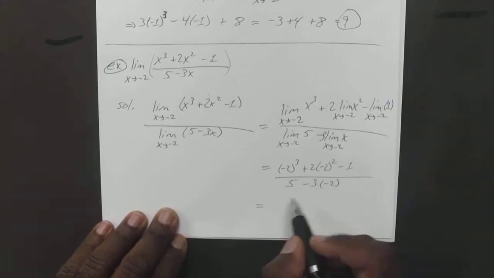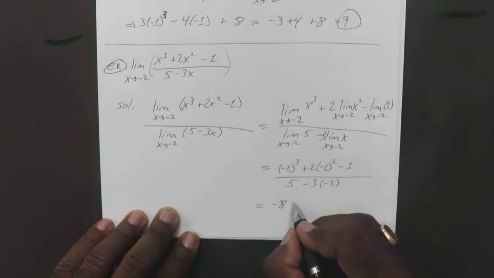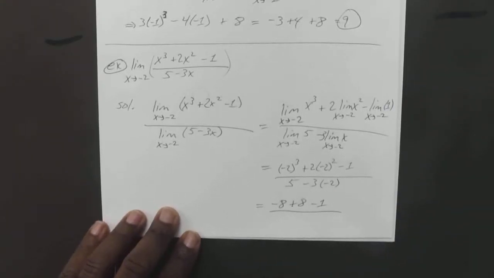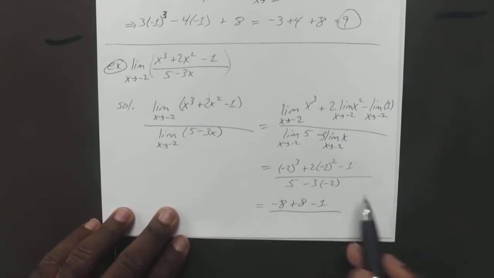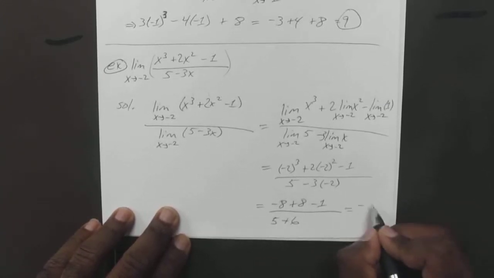Okay, so here we have -8. -2 squared is 4, plus 4 is 8, minus 1. Make sure, yep, still up there. Over 5 minus -6, which just makes that +6, which is -11, well, -1 over 11.